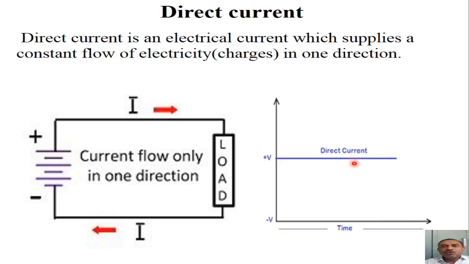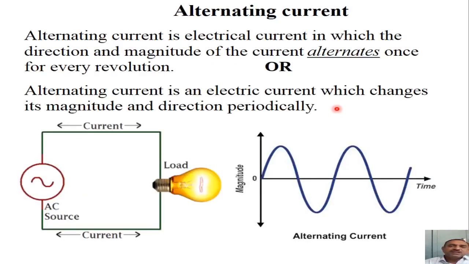So the magnitude of the current will remain constant whatever the time, and it has only one direction. So these are the two features of the direct current: constant value and it flows in only one direction. Now let us see another type of electric current, that is known as alternating current.